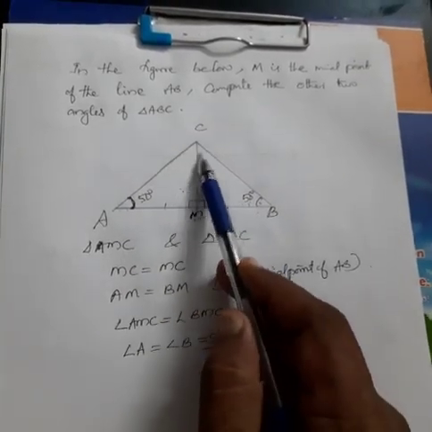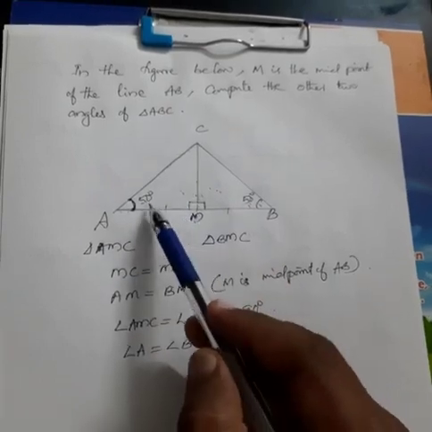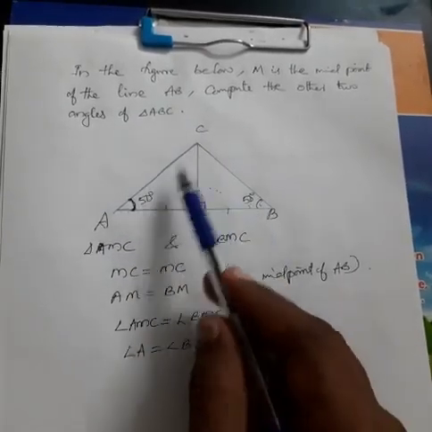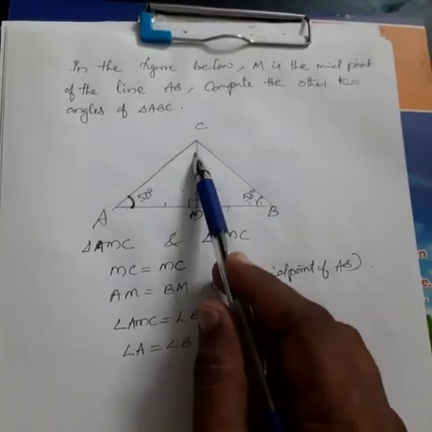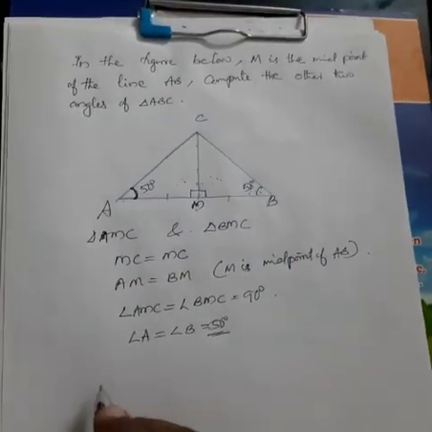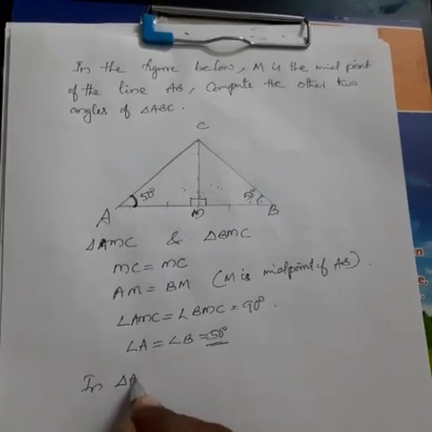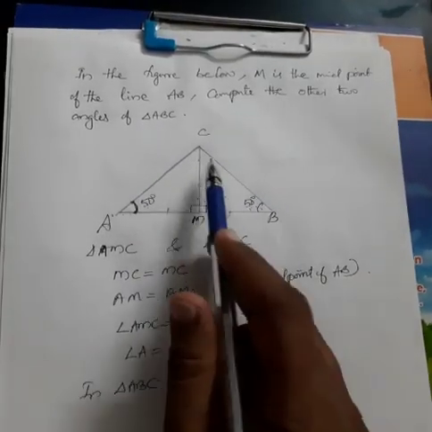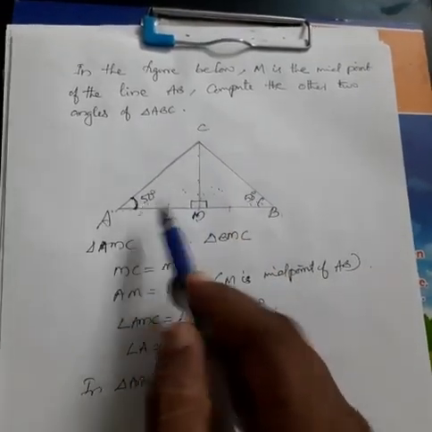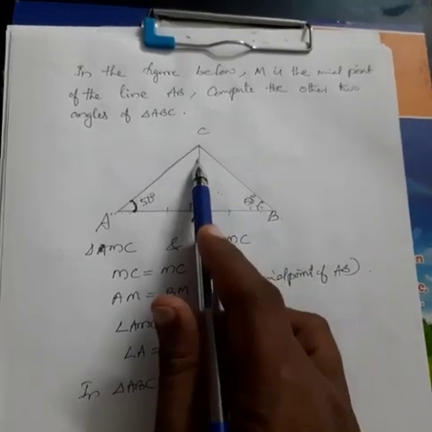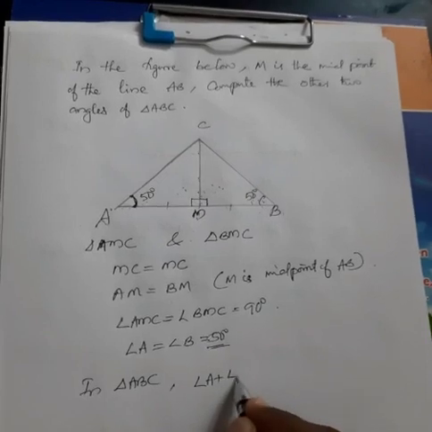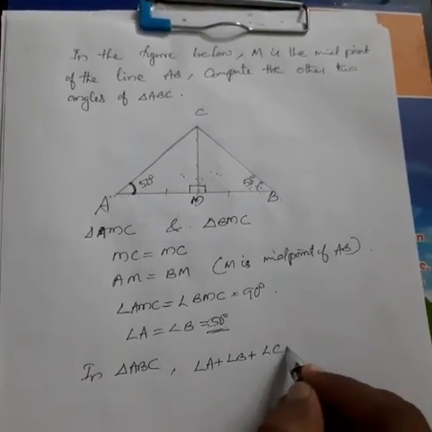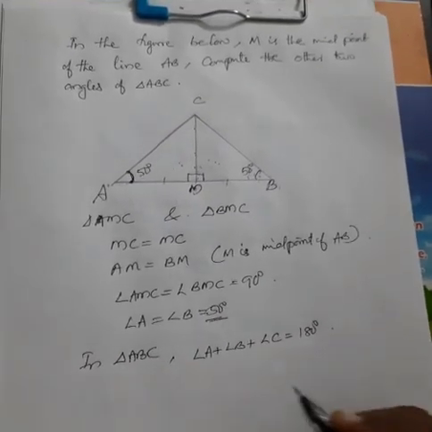Next you have to find out C. You know, in a triangle, the sum of three angles is 180 degree. In triangle ABC, angle A is 50, angle B is 50, angle C you have to find out. So angle A plus angle B plus angle C is equal to 180.